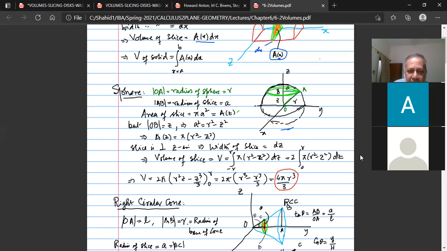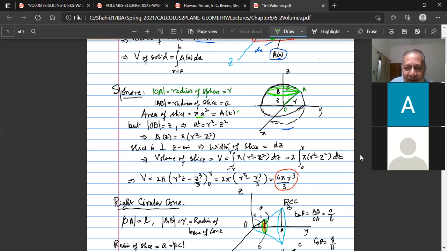So the pi a squared that I assumed as the area of this slice has to be a function of z. Since I made the slice perpendicular to the z-axis, I can use dz. But pi a squared must first be written as a function of z, which is why I considered the slice height z above the xy plane, the radius of the sphere and the radius of the slice.